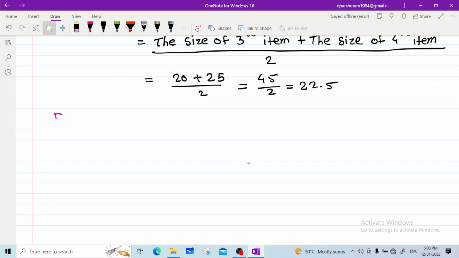Median for discrete frequency distribution.